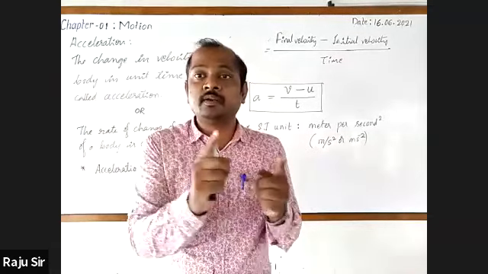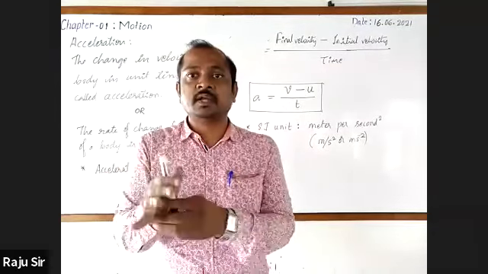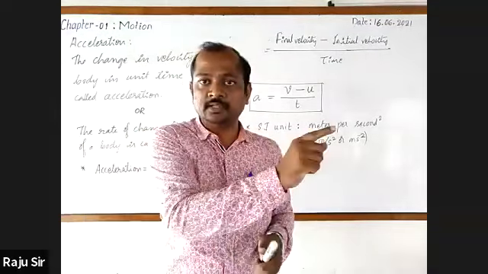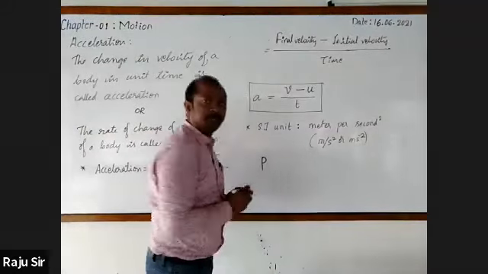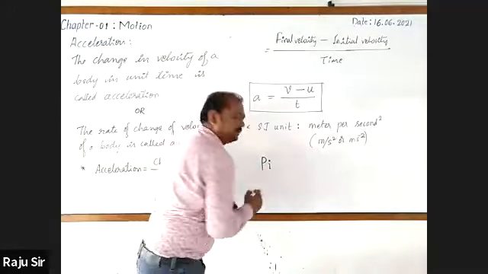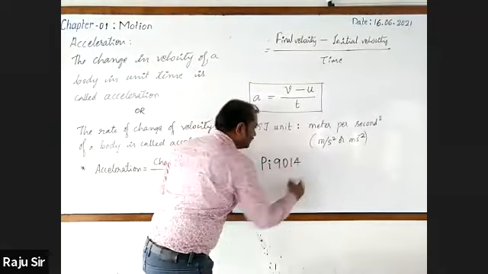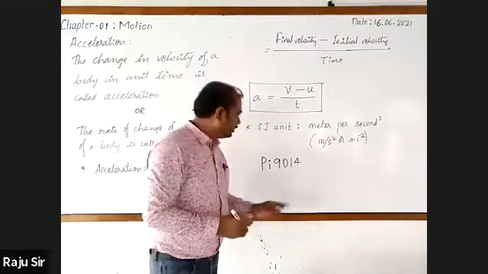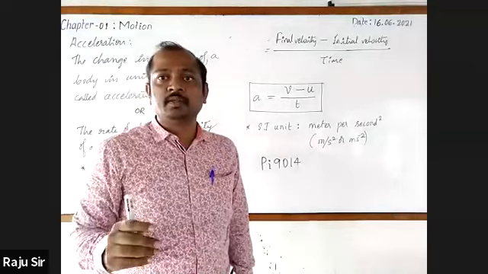Next, your register number. I've already given you the register number in the list. It starts from 9,000 something. You have to enter like this: capital P, small I, then 1040. Whatever number I have given, you have to enter the same number properly.